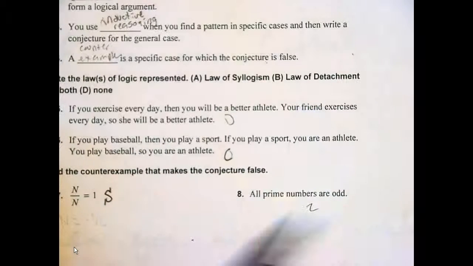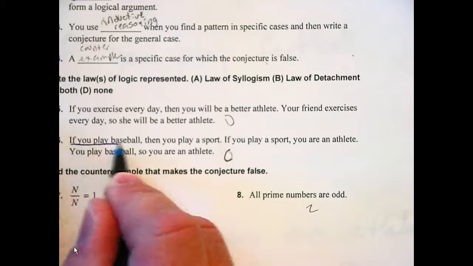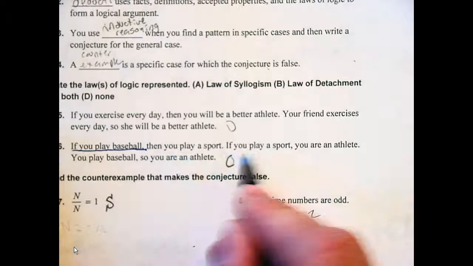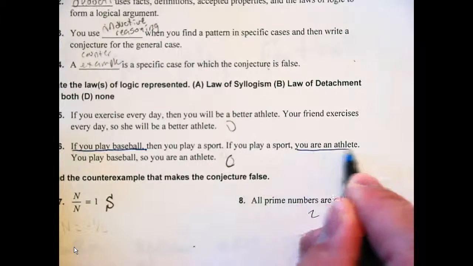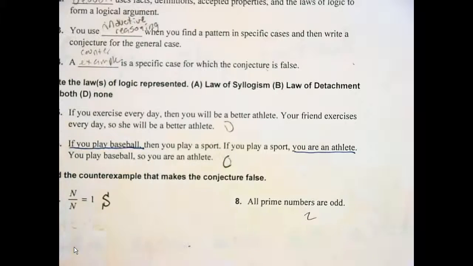Okay. From this, if you play baseball, then you play a sport. If you play a sport, then you're an athlete. You could say if you play baseball, you are an athlete. And so that right there is giving the law of what?